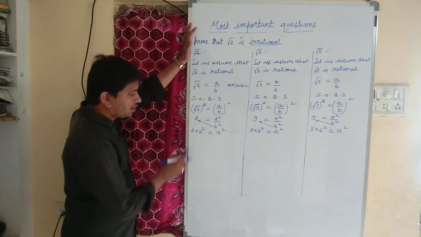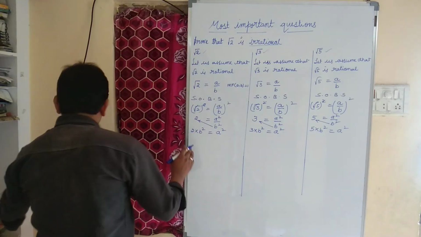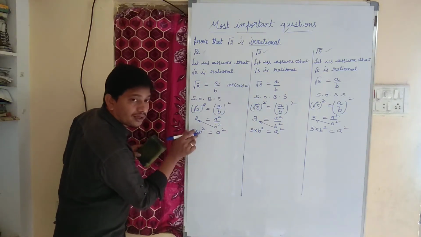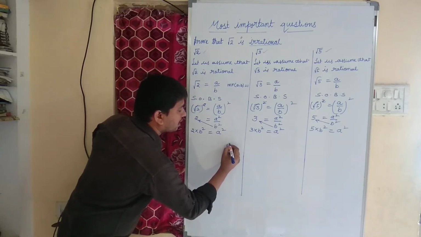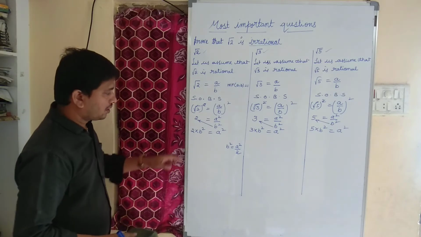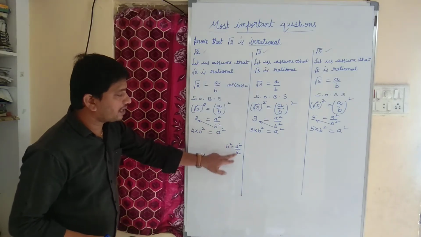So what is the meaning of 2 into b square? Here 2 is multiplying by b square. If you transpose towards the right hand side, it will become b square equal to a square by 2, children. Are you getting my point?